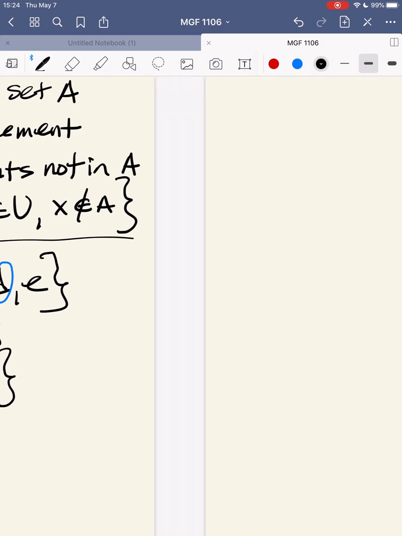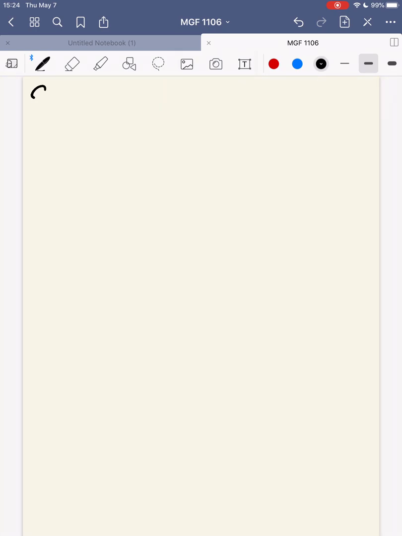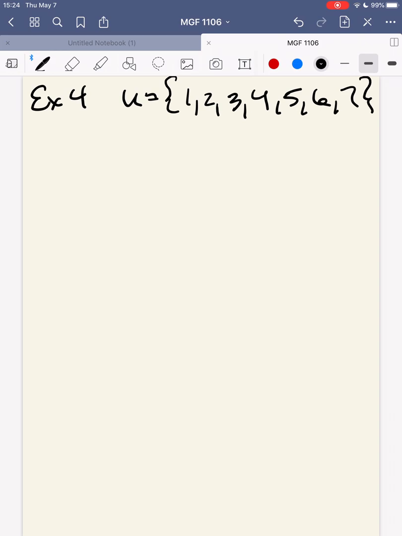I'm going to also look at example 4. Universe has the elements 1, 2, 3, 4, 5, 6, and 7. And I have A is 1, 3, 5, 7.